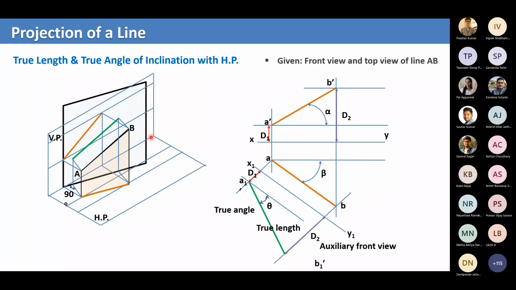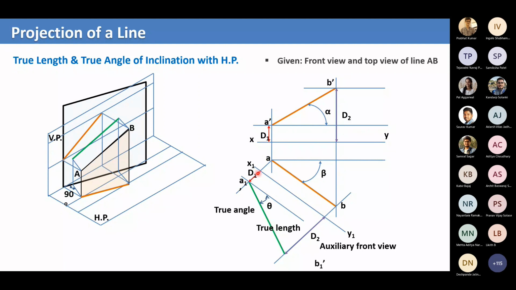What we have discussed is that we draw the auxiliary plane parallel to line AB. I have said why we need to take it parallel. So take this parallel to AB.